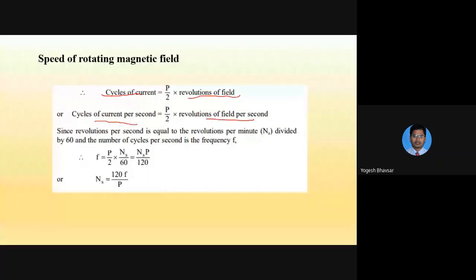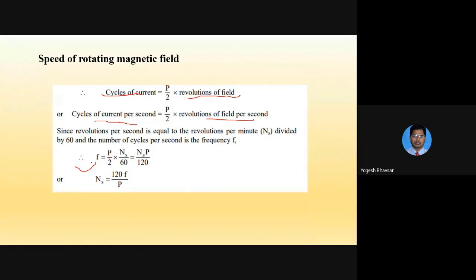Since the revolutions per second is equal to the revolution per minute divided by 60 and number of cycles per second is the frequency f, so the equation becomes means what? If you have to convert into second from minutes, then divide simply by 60. Minutes मध्ये आपल्याला कन्वर्ट करायचं असेल तर डिवाइड बाय 60 आपल्याला करावं.